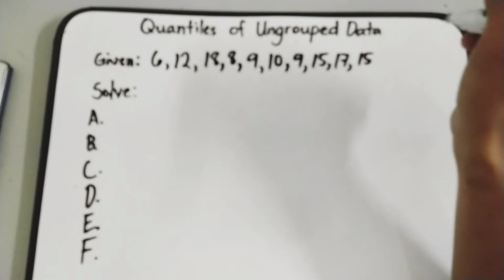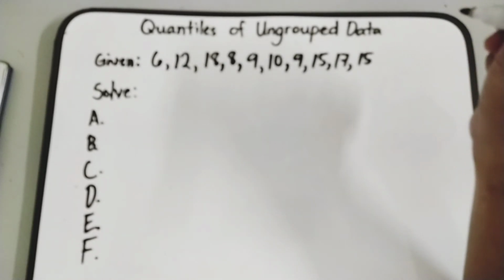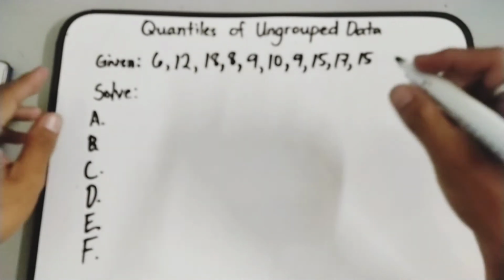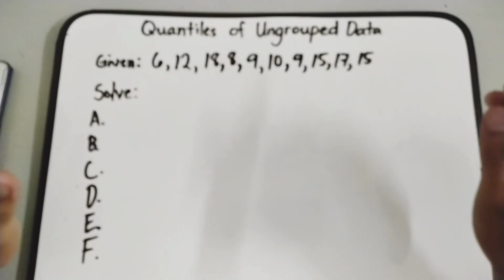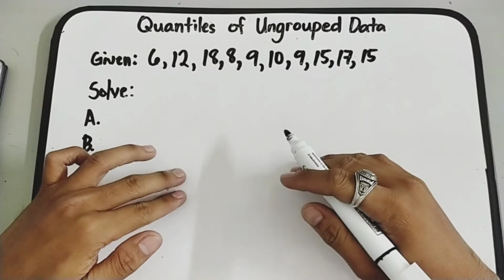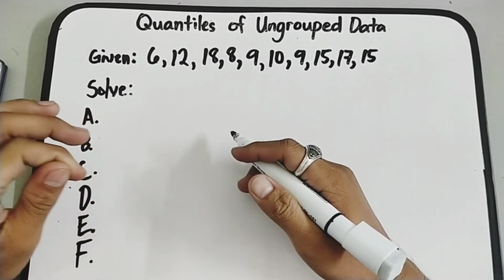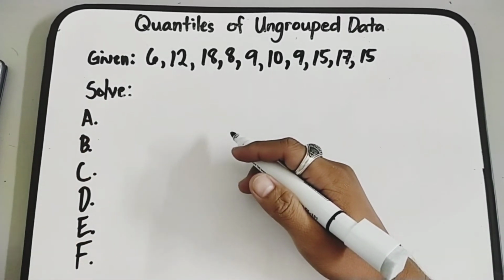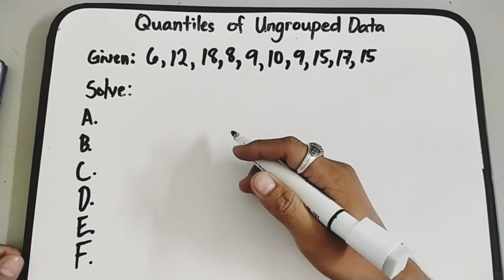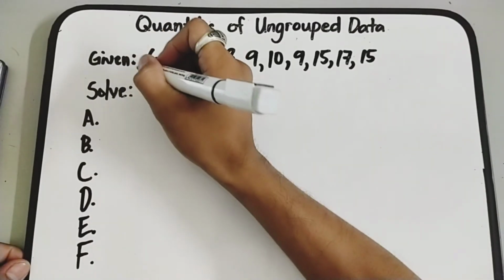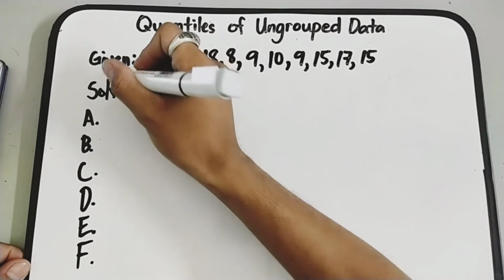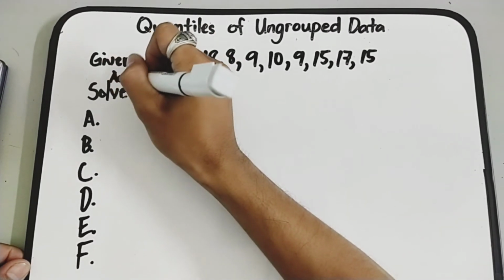So, as you all know, lagi nga natin sinasabi na in getting the quantiles, since this is the extension of the median, kailangan muna natin mag-create ng array if hindi pa ito naka-arrange.